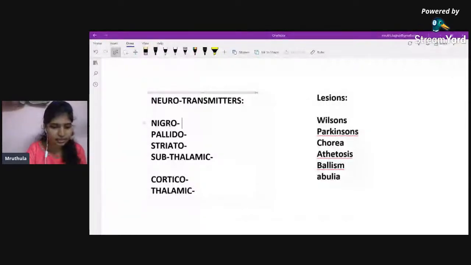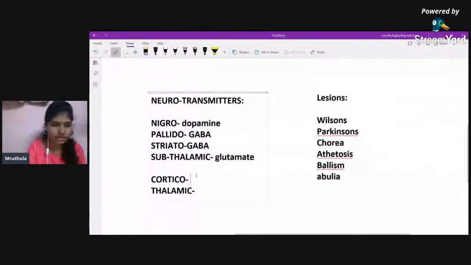So when it is nigro, it is dopamine, right? When it is pallido, it is GABA, okay? Striato is also GABA. Subthalamic is glutamate, right? Those are parts of the basal ganglia.